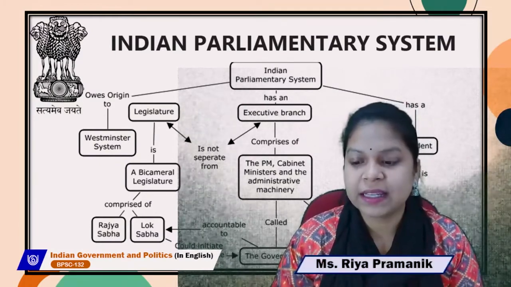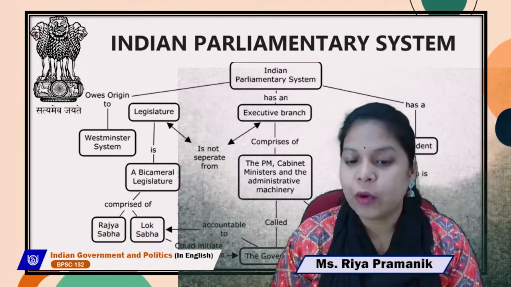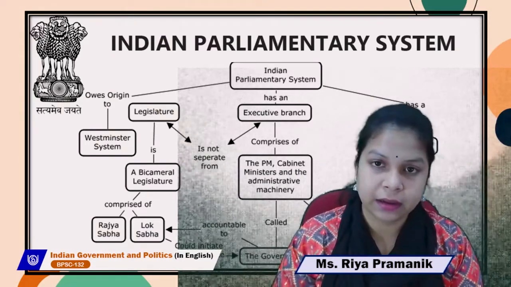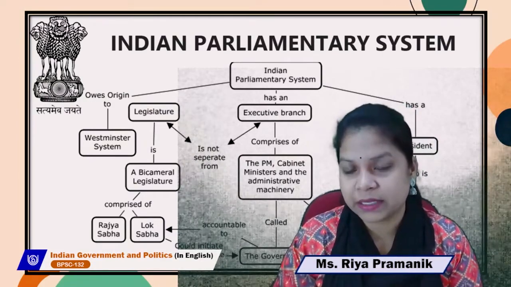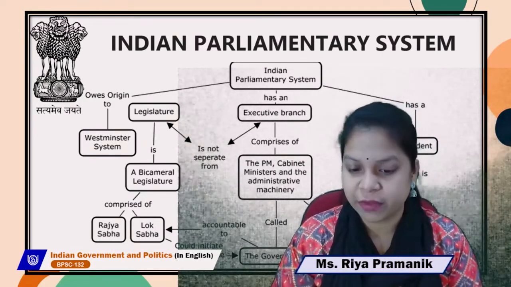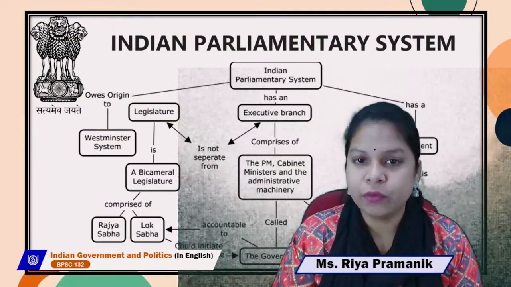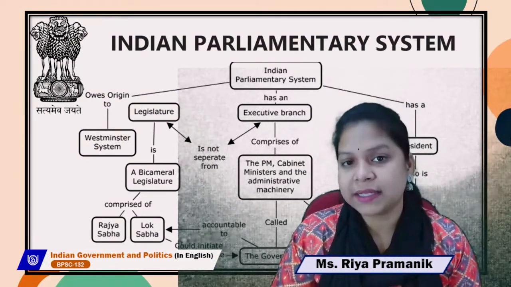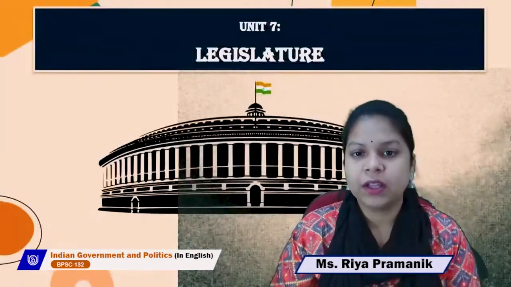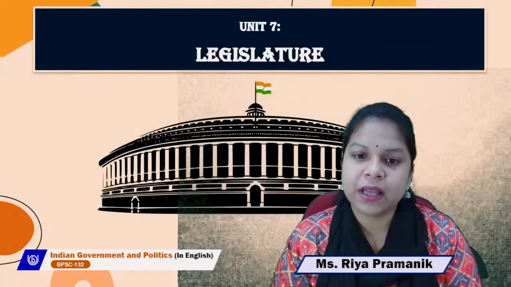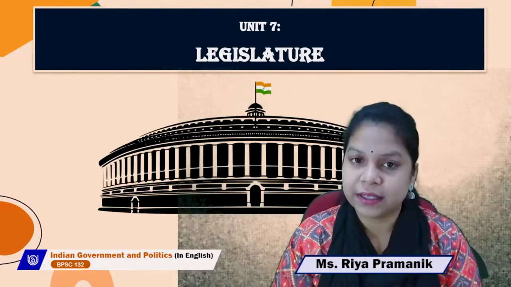So the president is called the head of the state, whereas the government is headed by the prime minister, which comprises the cabinet ministers and the administrative machinery. So let's move forward, and we will be understanding all these things in detail in our session. So let's start with our Unit 7, that is legislature.